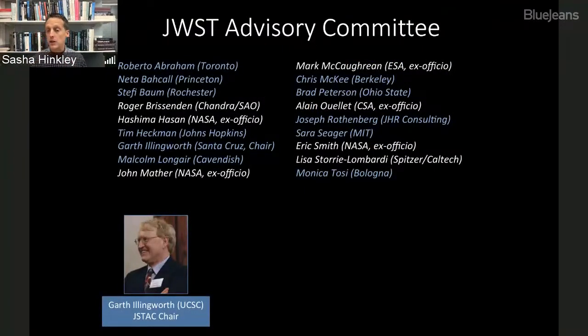Talking about how the ERS program came about, I just want to say quickly that it was recognized by the JWST Advisory Committee. I know that some of you are in the room there. This committee was led by Garth Illingworth, and it was recognized there would be a very short window between when the first Cycle 1 data were obtained and when the Cycle 2 proposal deadline would happen.